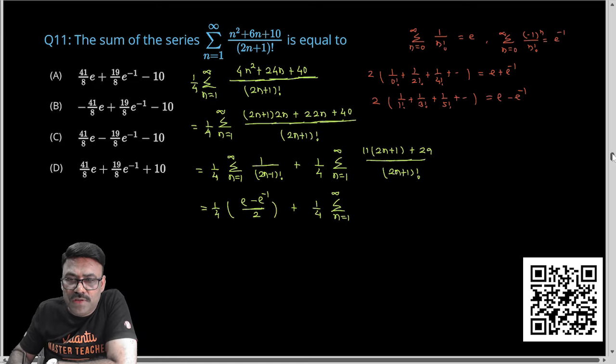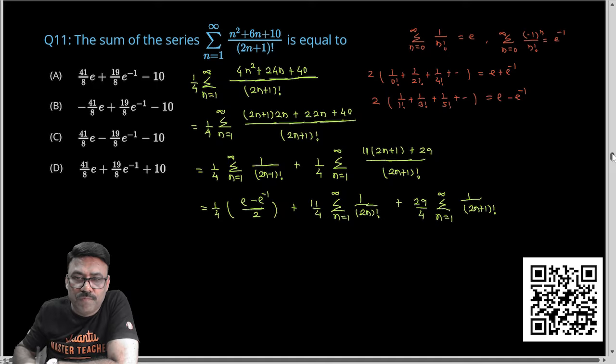So here you will get, in fact, 11 by 4, not 1 by 4. 2n plus 1 over 2n plus 1 factorial, so 1 by 2n factorial here, even one. And then 29 by 4, n varying from 1 to infinity, 1 by 2n plus 1 factorial. So it is e minus e raised to minus 1 by 2. Here it is 11 by 4.